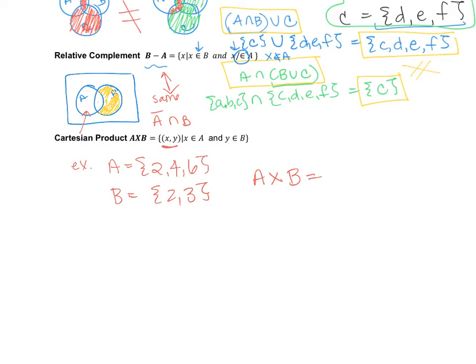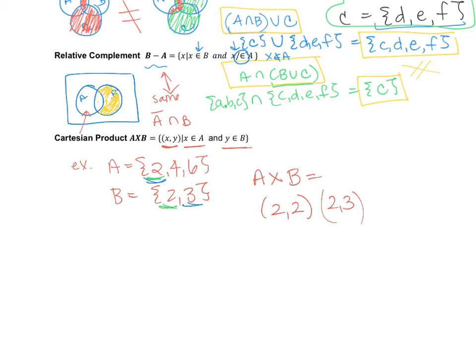The first element, X, has to come from A. The second element, Y, has to come from B. So let's see, I'm going to put 2, this 2, with this 2. So that will be (2, 2). Then I'm going to take that same 2, but put it with 3. So I'm going to have (2, 3).